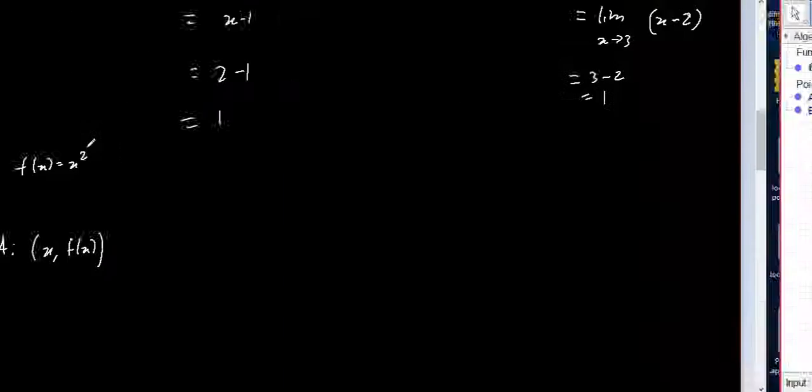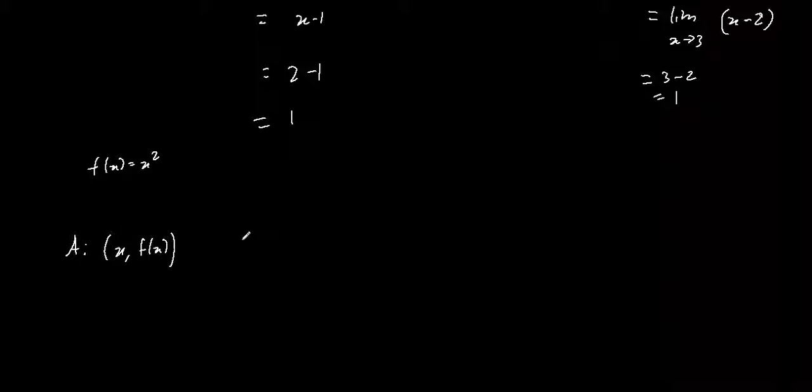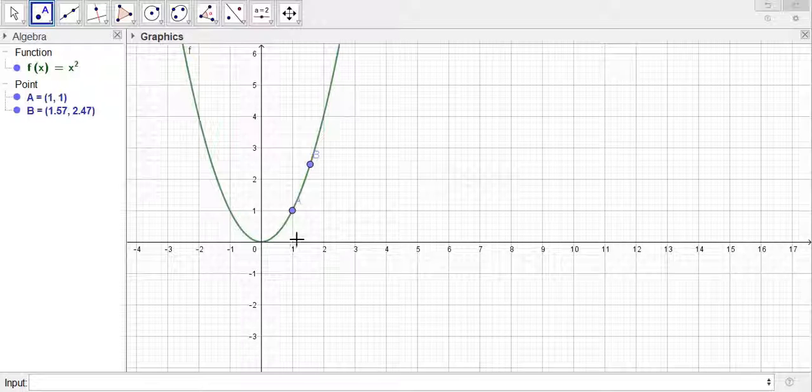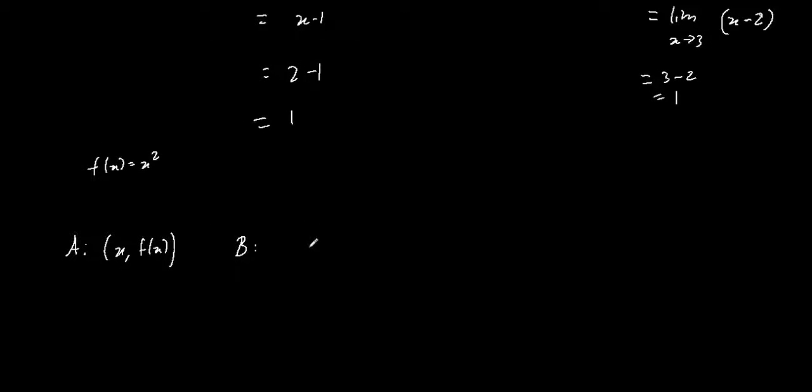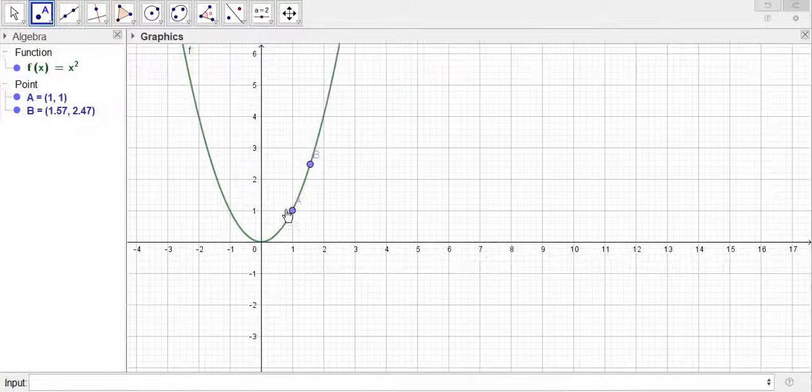And I'm going to label point B. Remember, I'm going to give it some arbitrary value, and I really don't care what this value is. What I'm going to say is that B is some x value ahead of A, some value bigger than A. The horizontal distance between A and B, I'm just going to call that h.